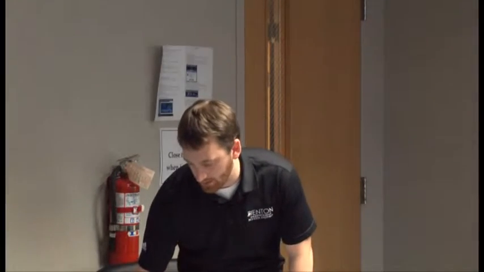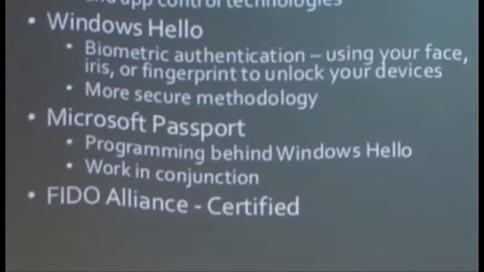But it's like a passport, so it'll have all your applications and your services tied to it, so that when you authenticate not just to the operating system but into secure applications, you can still do that with your iris and stuff like that. So I know that wasn't a good explanation, but I'll show a video that does it better. And of course, they've joined the FIDO Alliance, and they're certified with them, so everything is enterprise ready.